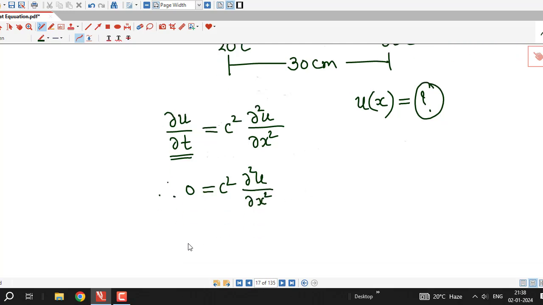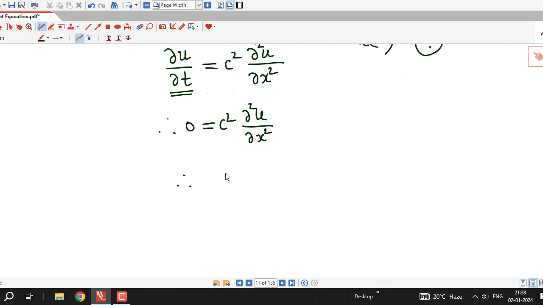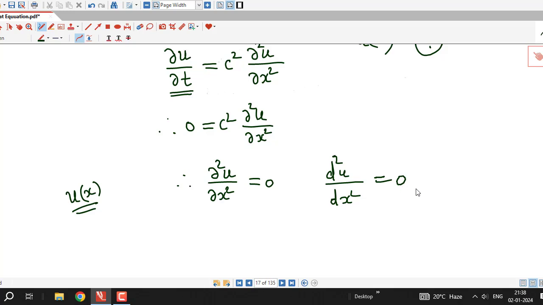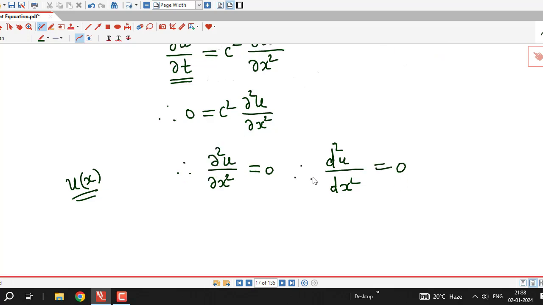Now we know that this C is a positive constant, therefore C square is also positive, and we must have del square U by del X square equal to 0. Now during steady state we know that U is a function of X only, so this I can write as d square U by dx square equal to 0. So it is a second order linear ordinary differential equation which is homogeneous, and to solve this we have to write down the auxiliary equation. So the auxiliary equation for this is, say, m square equal to 0.